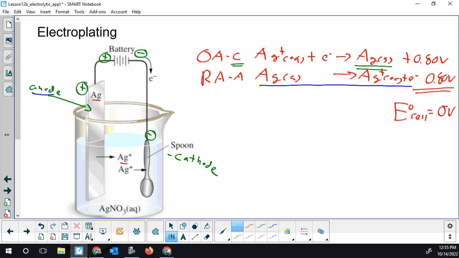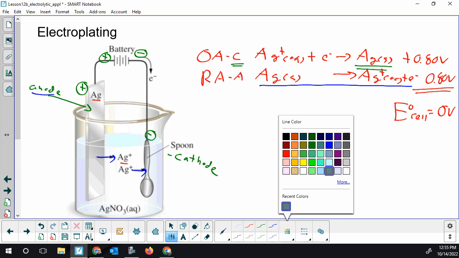The silver is going to react and we're going to make silver ions. So we've already got our silver being produced, labeled in our diagram. That's all anode. The cathode takes those same silver ions from solution, reacts them at the cathode and covers that whole cathode in silver.